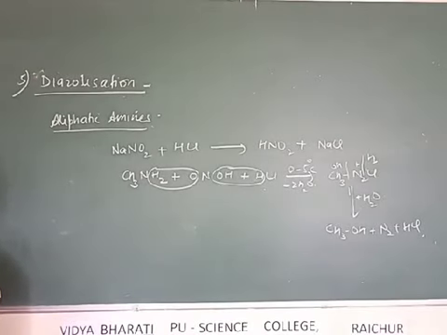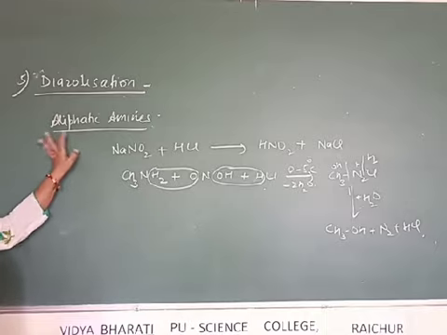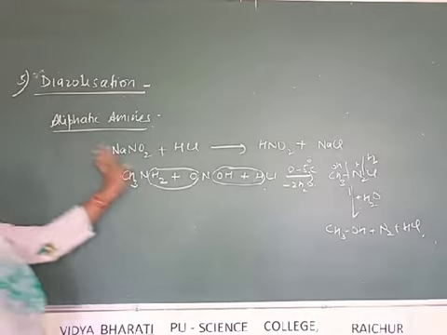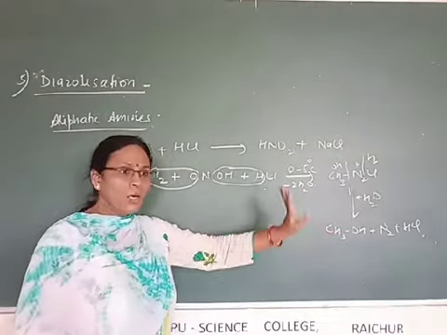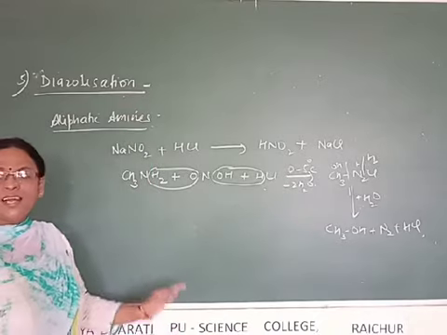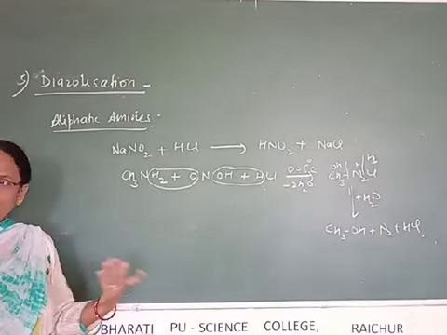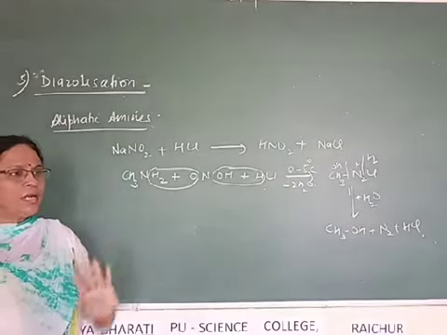It gets hydrolyzed to give you alcohol. So in the case of diazotization of aliphatic amines, you will get alcohol as a product. You will not get a diazonium salt. Whenever you do diazotization of aliphatic amines, you will get alcohol.